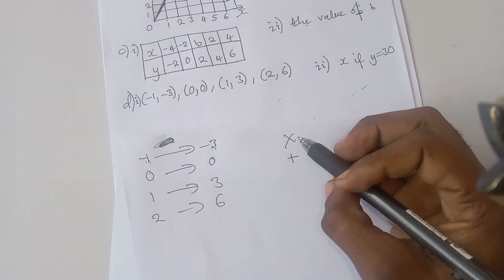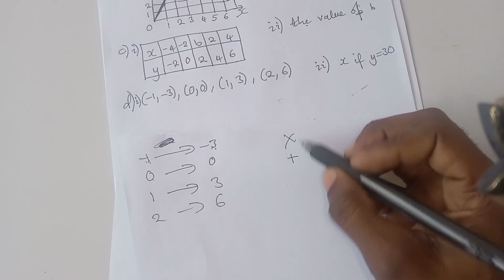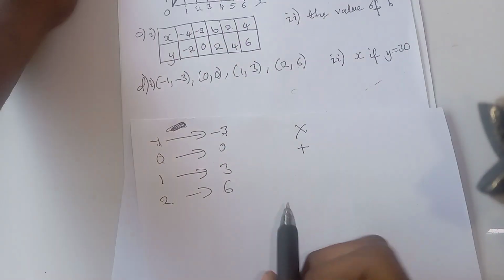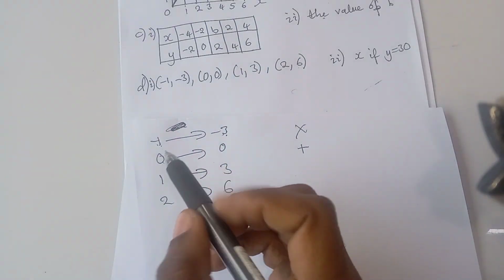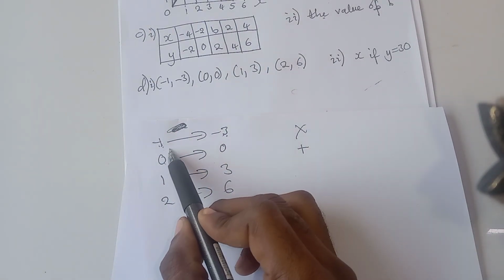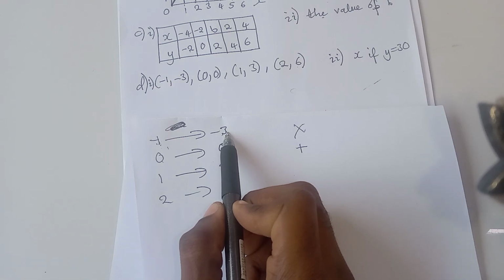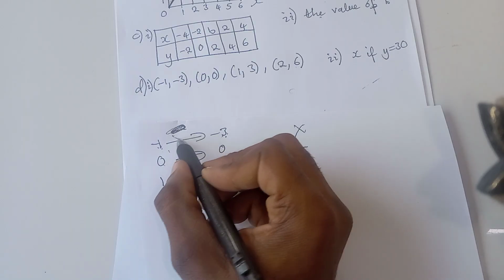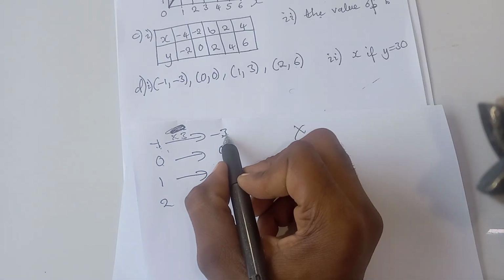So let's try multiplication now. In most cases, it's one of these two. Let's say we try to multiply this by some number that will give us a 3. Obviously that number is a 3, because minus 1 multiplied by 3 is minus 3.